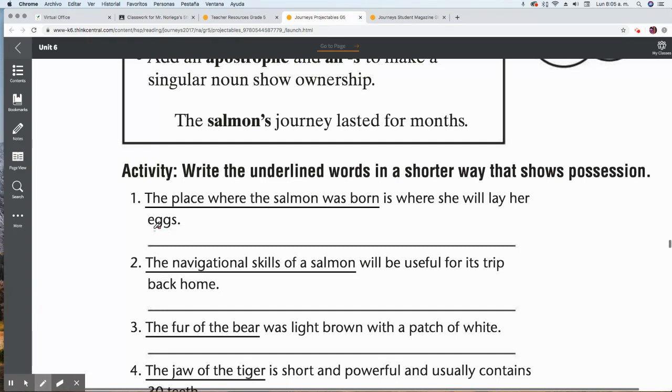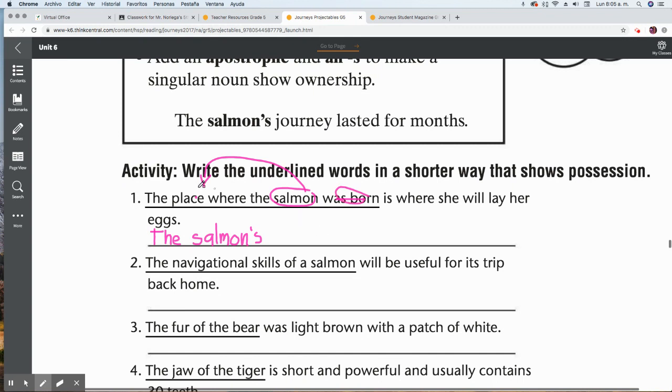One way I can rewrite this, using a singular possessive noun, is to take this noun and put it almost at the beginning of my sentence and make it a singular possessive noun. How? By adding apostrophe S at the end of my noun. The salmon's, and then we have place and when the fish was born.